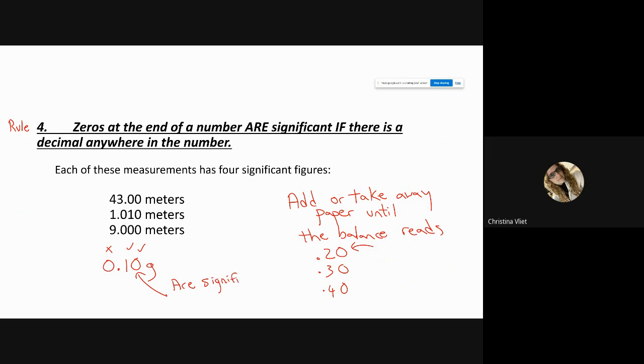They are significant, but there's a caveat. Caveat means there's an if. If there's a decimal, it's significant. So that's why we say yes. This is rule 4.